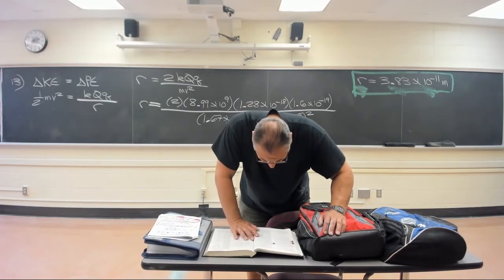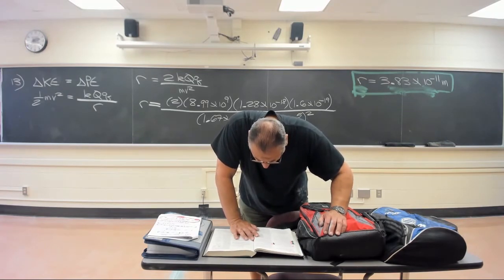Let's go to 18. A conducting sphere with radius 0.25 meters has a total charge of 6 millicoulombs. A particle with a charge of negative 2 millicoulombs is initially 0.35 meters from the sphere's center.